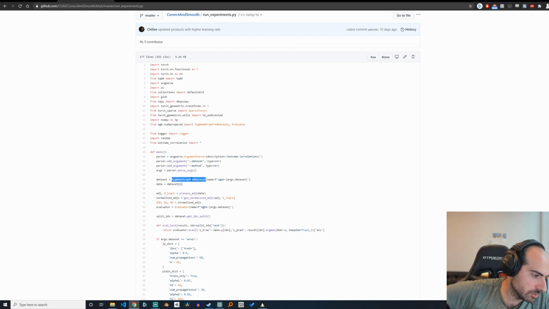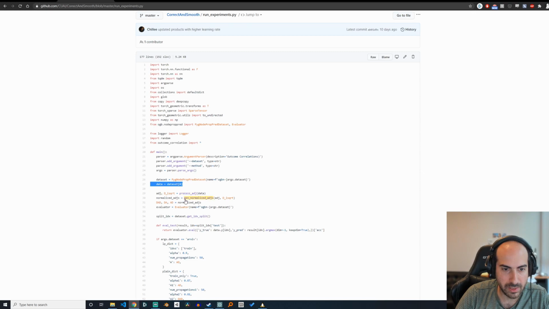Oh yes, okay. So they're just using the Open Graph Benchmark data loader, and then it's just as simple as pulling it in here, and then they can process the adjacency matrix here, and then they have this evaluator.